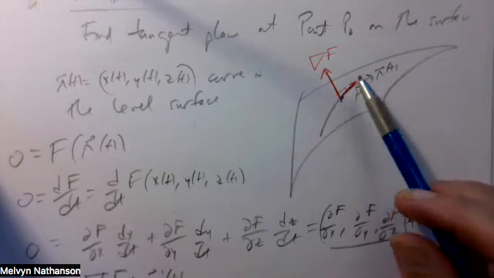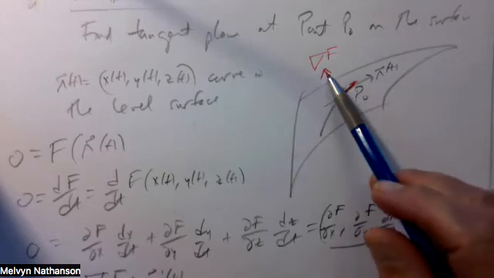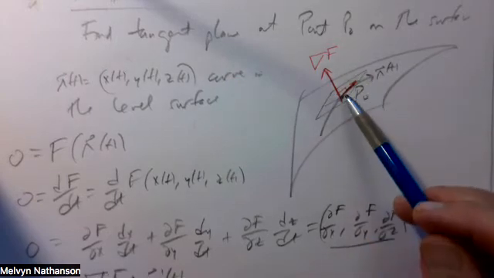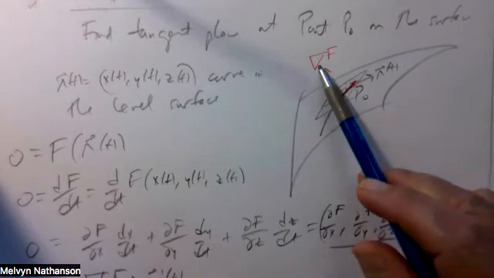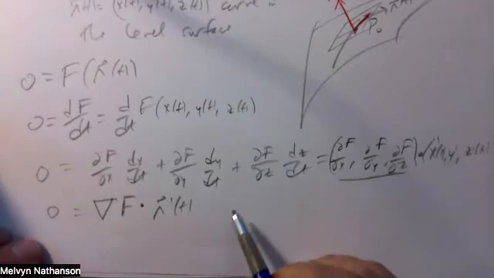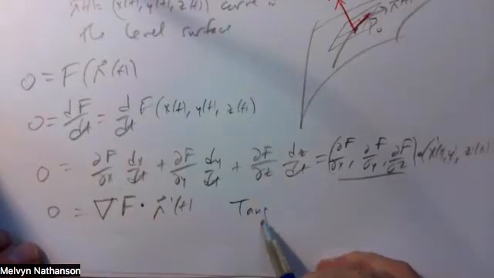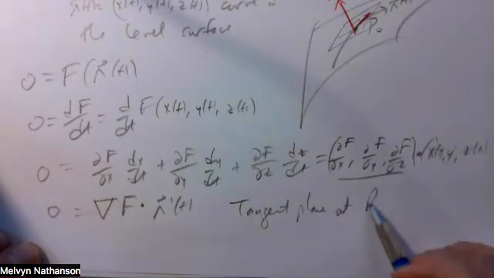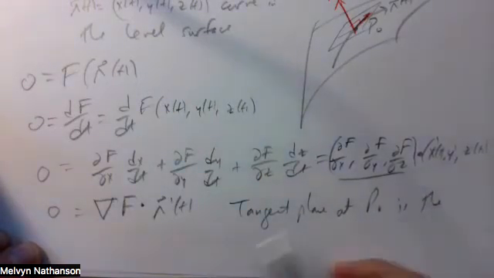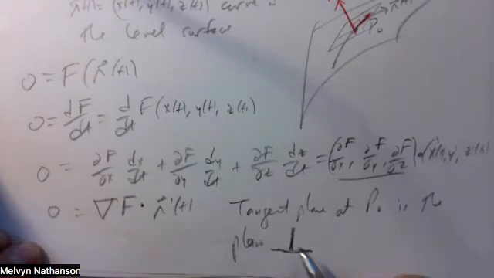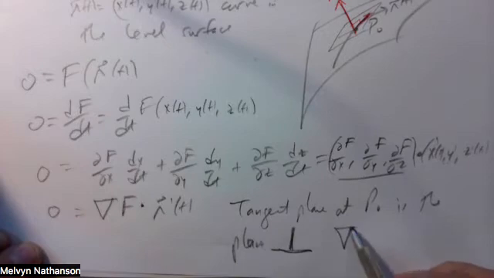That means what we want to call the tangent plane is exactly the plane through this point, perpendicular to the gradient. So the tangent plane at P naught is the plane perpendicular, that's what this symbol means, perpendicular to the gradient of my function F.